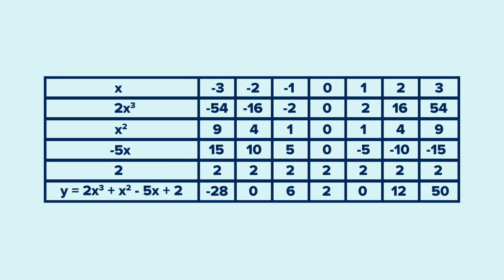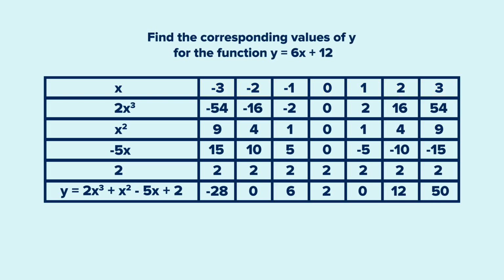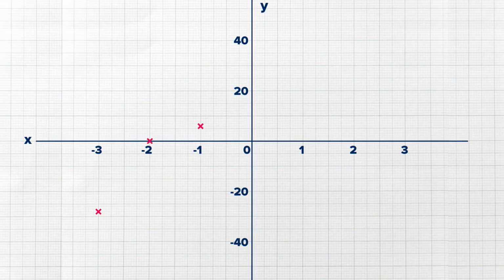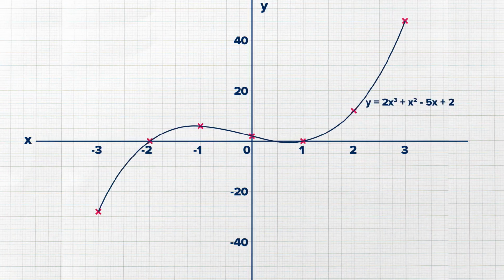Similarly, use the same values of x, that is from -3 to +3, and find the corresponding values of y for the function y is equal to 6x plus 12. Now, plotting these points, we will obtain the graph below.